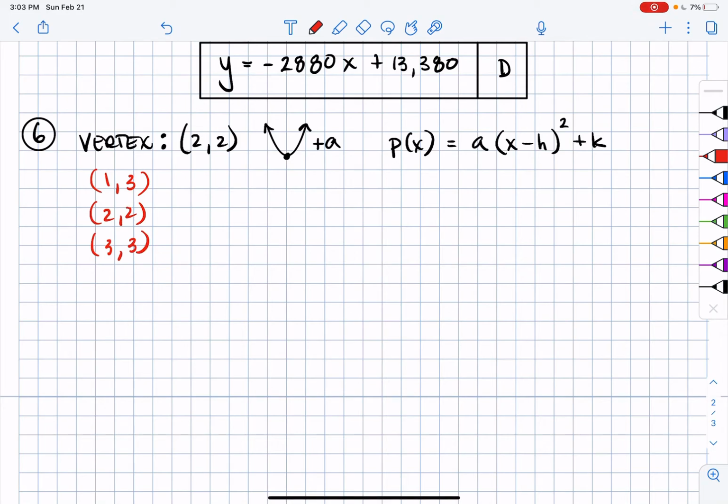So what I noticed is that it only went out to the right one, up one. And the reason why I was saying that is because that's a typical quadratic function, right? It's a typical x squared. So, for example, 0 squared is 0, so I got the point (0, 0).